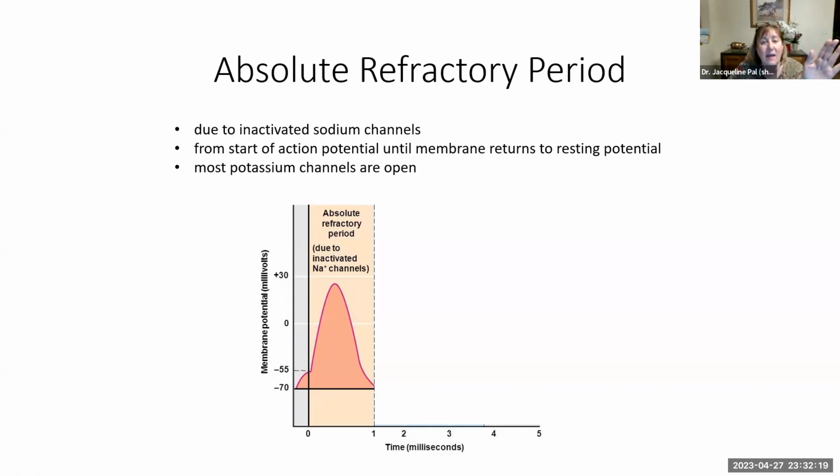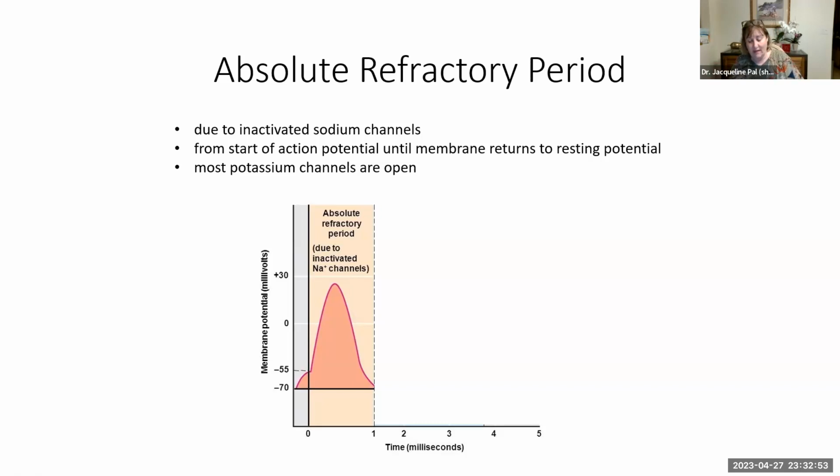So this is the absolute refractory period. It only lasts about a millisecond from the time you met the threshold and had the rapid opening of sodium channels until you had the total closure of potassium channels and went back down to the resting membrane potential. That's the amount of time that nothing can happen.